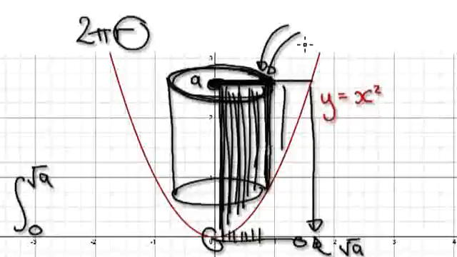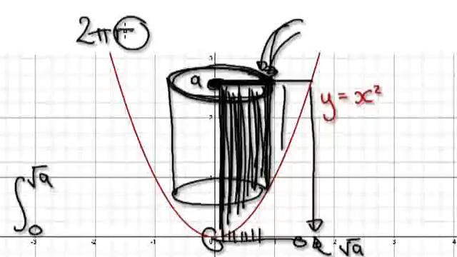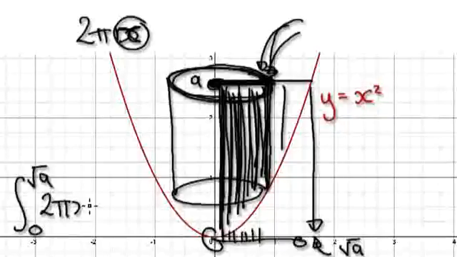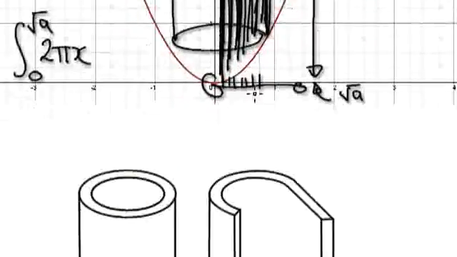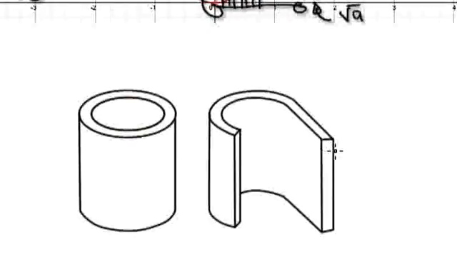So the radius at this particular point is x. So it would be 2 pi x. We've got the circumference already, this length here, which is 2 pi x.